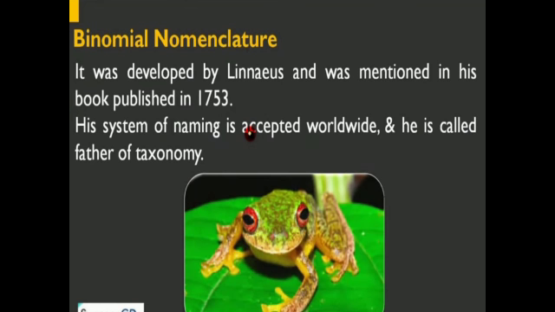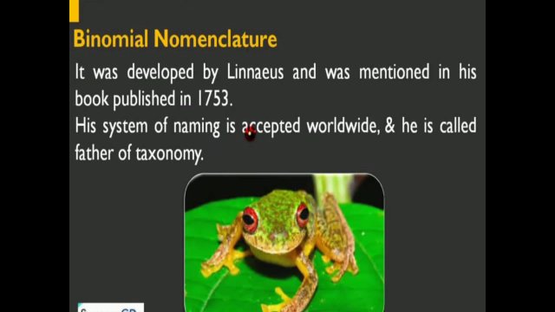The scientific name of an organism is the result of the process of classification, which puts it along with the organism it is most related to. His system of naming is accepted worldwide and he is called the father of taxonomy. You have to remember: who is the father of taxonomy? Carolus Linnaeus.